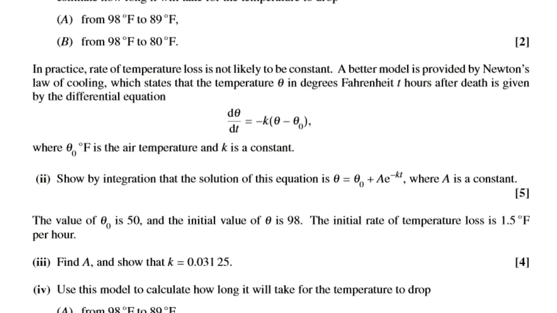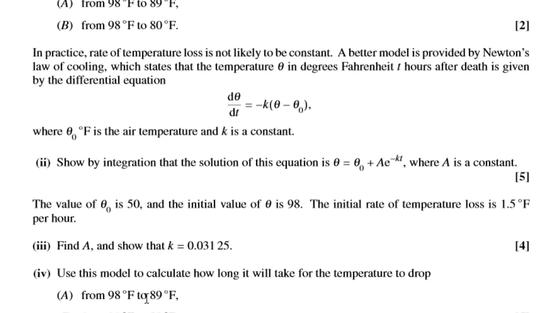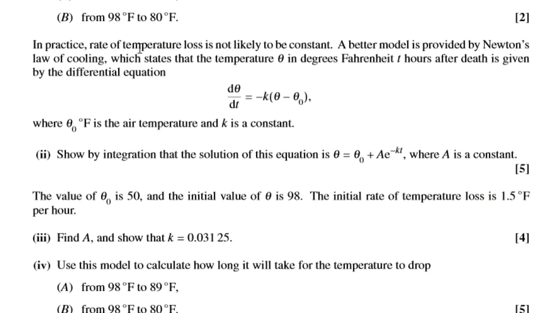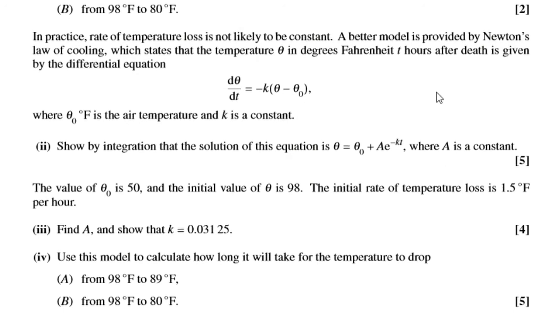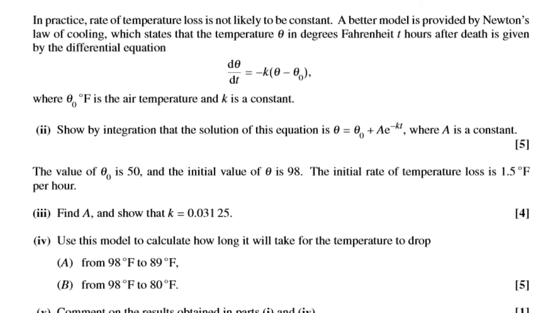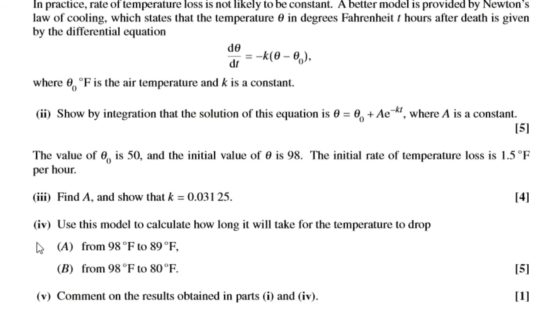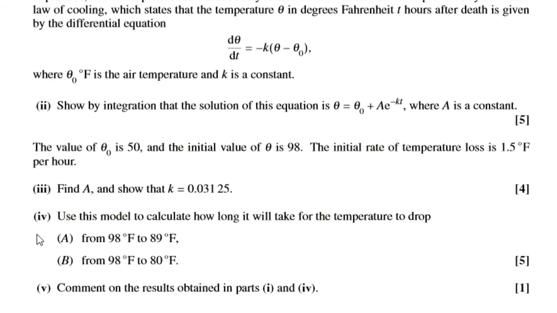Part 4A and B, calculate how long the actual time for these two are, because it's now a decay curve instead of a straight line. And comment on the result of part 1 and part 4. Basically say the differences and similarities.